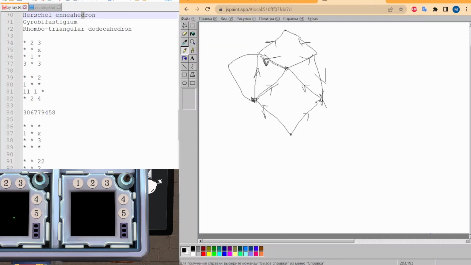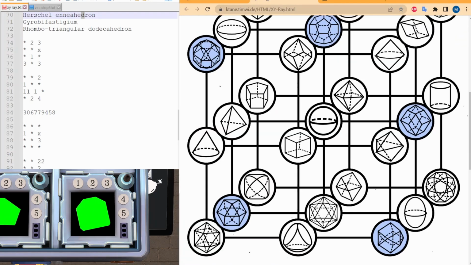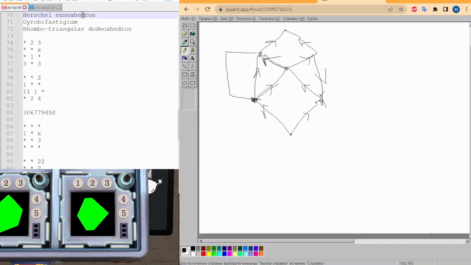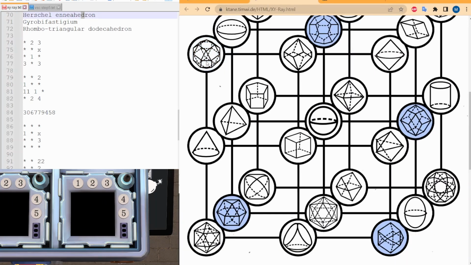If we have instead a square here, then it's this one. Definitely, because as I said, this shape has triangles connected to six squares.